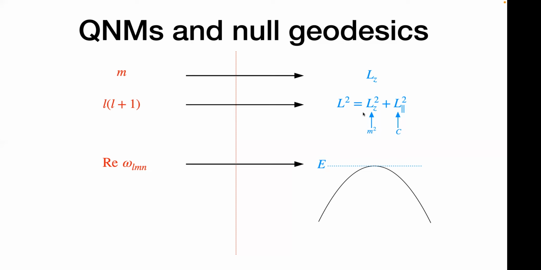So we can make a connection between this Carter constant and the parallel component. Finally, the real part of the quasi-normal mode frequency corresponds to the energy. I should emphasize that not every null geodesic has its quasi-normal mode counterpart. It has this correspondence only when we have this special configuration.